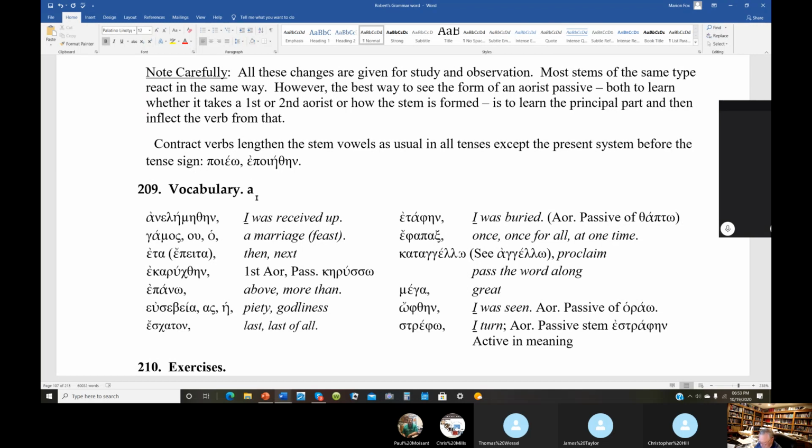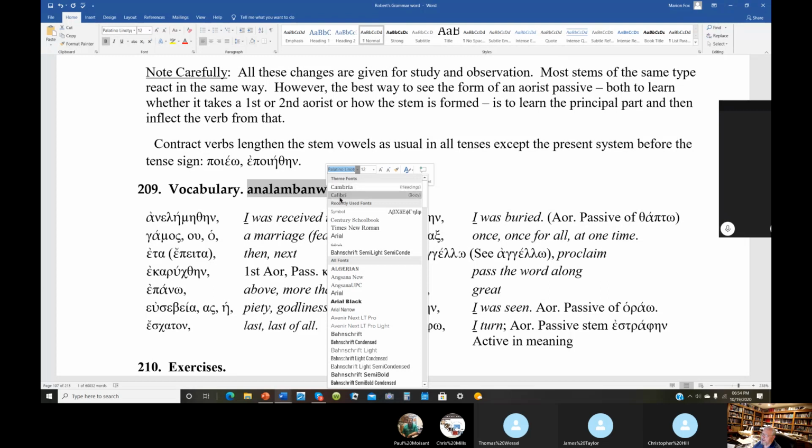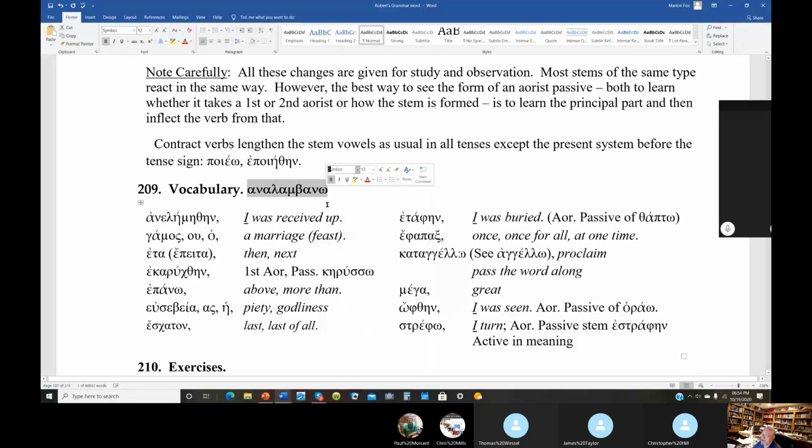I'll hit the caps lock. Now, if I drag this over, it's going to be in bold print, but I'm not going to worry about it. Symbol font. There's our word, there'll be a smooth breathing on the alpha, and I think an acute on the alpha right here. Okay. Ana lambano.